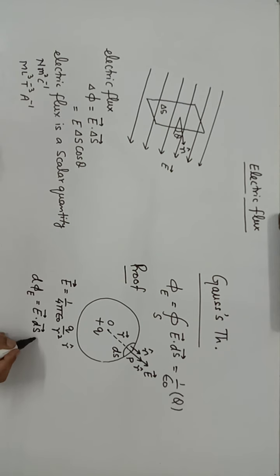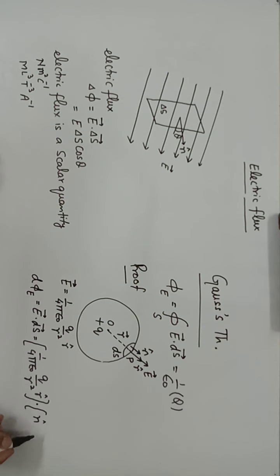We write the value of E, 1 upon 4 pi epsilon naught Q upon r square r cap, dot n cap ds. This is the value of the flux d phi E.